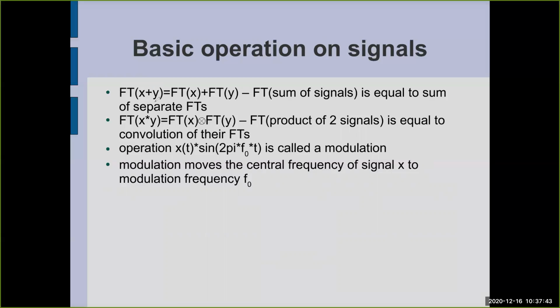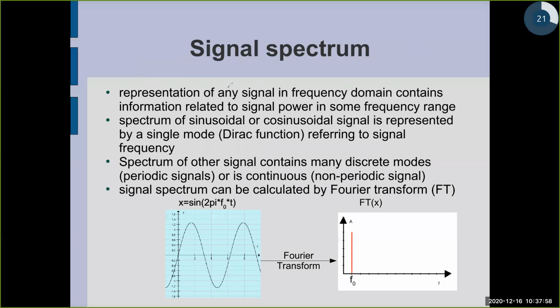So the Fourier transform of two mixed signals: we have two signals, we sum them in time, so we mix them, and it is equal to the separate Fourier transform of each of them. So if we have two signals which we sum up, we will observe a separate spectrum for each signal.